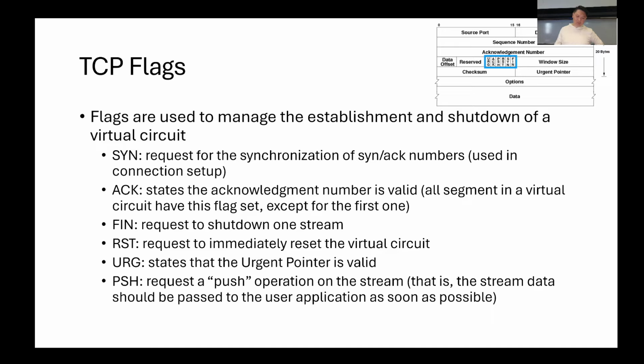And ACK is basically the receipt: I received your data well. And FIN is finish: let's terminate and finish this connection. And RST is reset, requesting to immediately reset the virtual circuit.